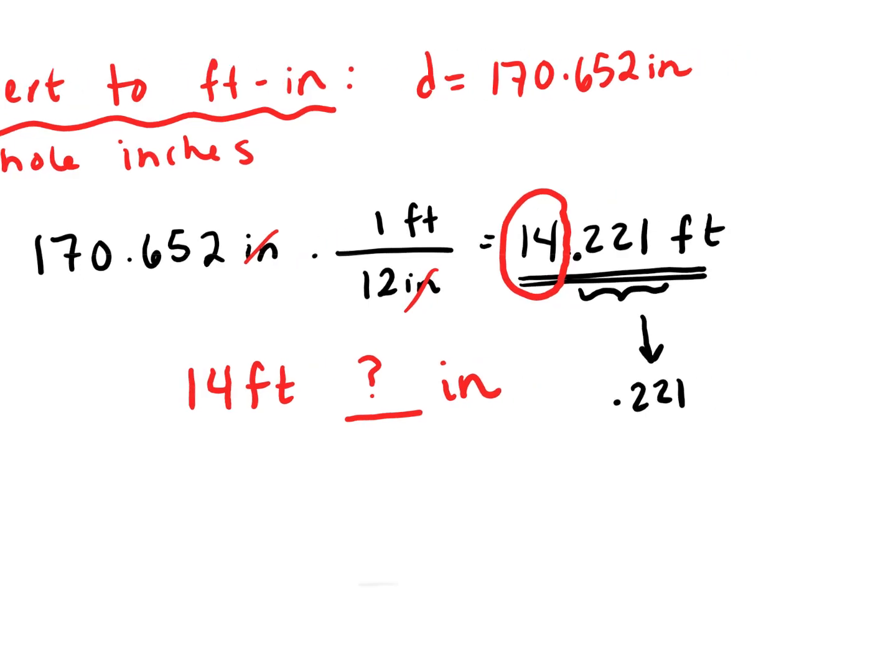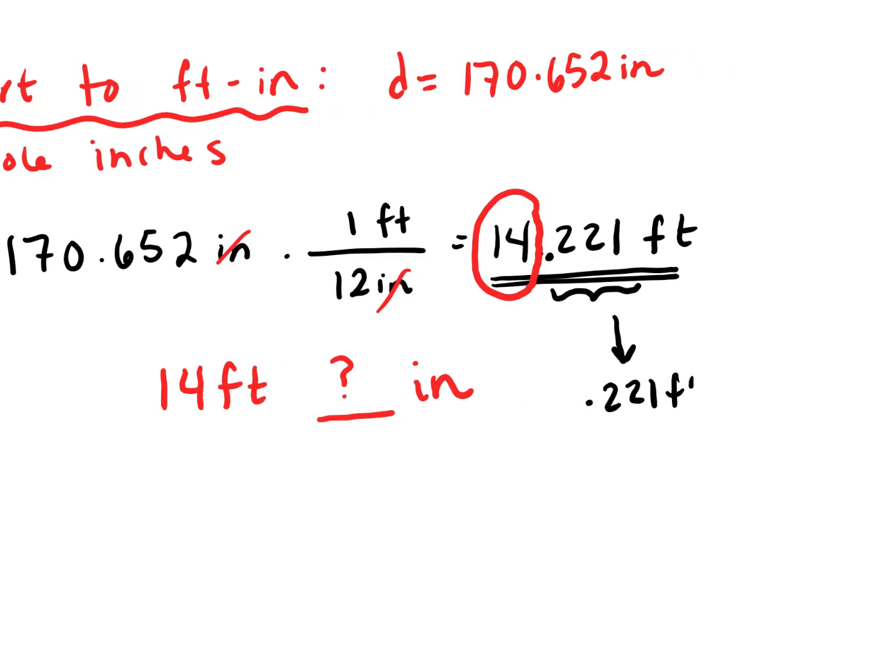If I multiply that by 12 inches for 1 foot, 0.221 times 12 ends up being approximately 2.652 inches, but we can round to a whole inch.